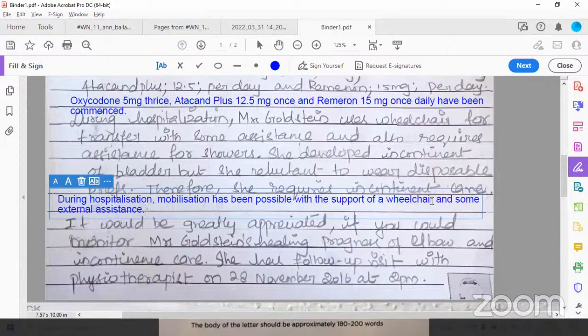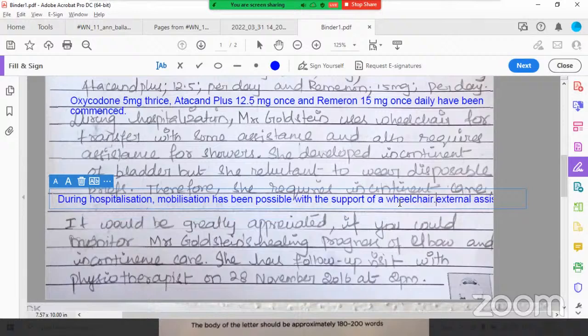Okay, next one. Assistance for sure. Okay. During hospitalization, mobilization is possible with the support of wheelchair. Okay. Full stop you can write. Then you can write another sentence here. Better. What is the other sentence here?